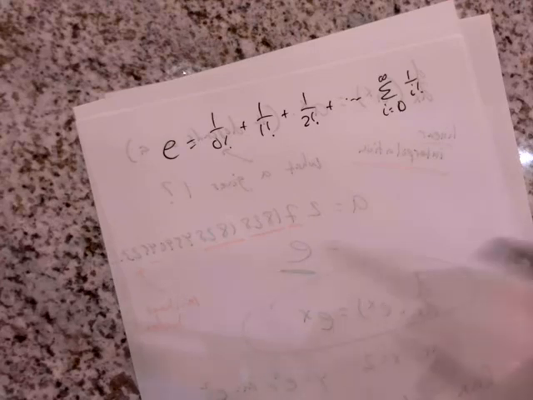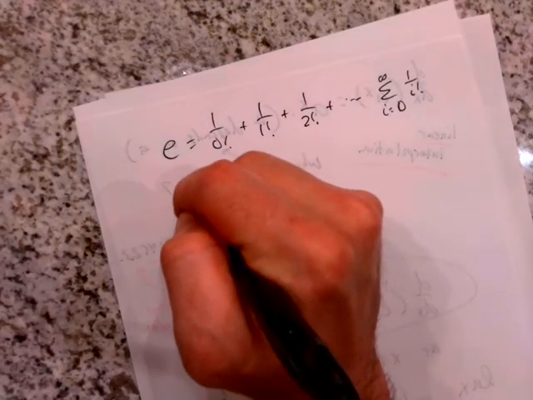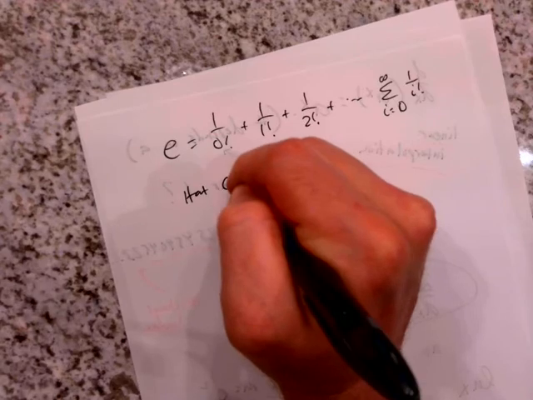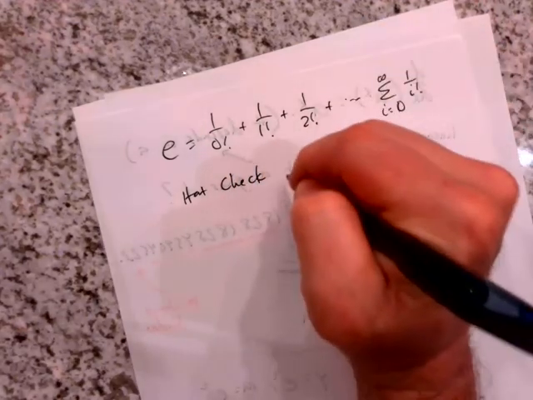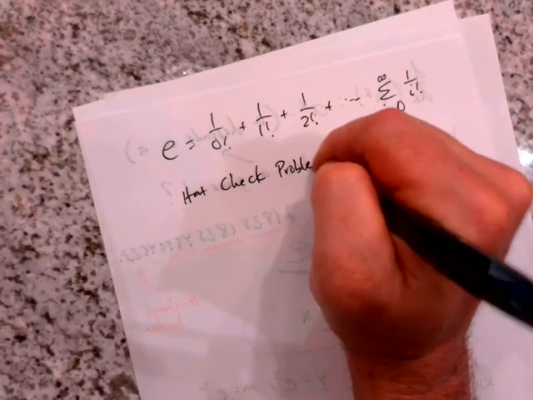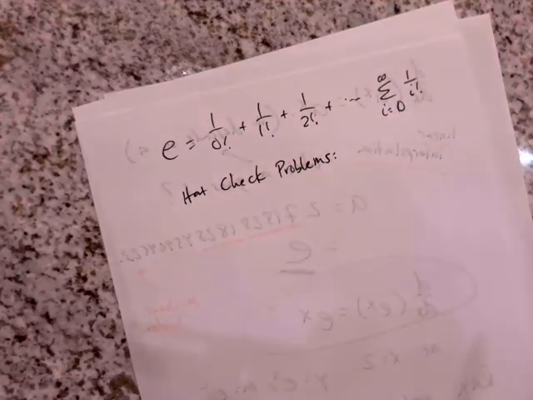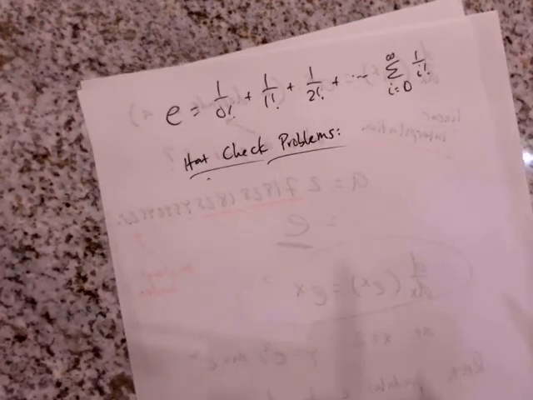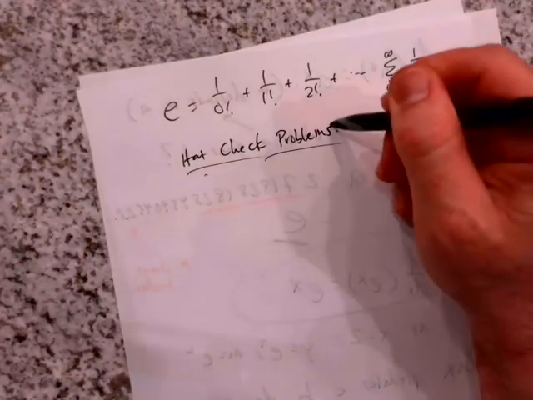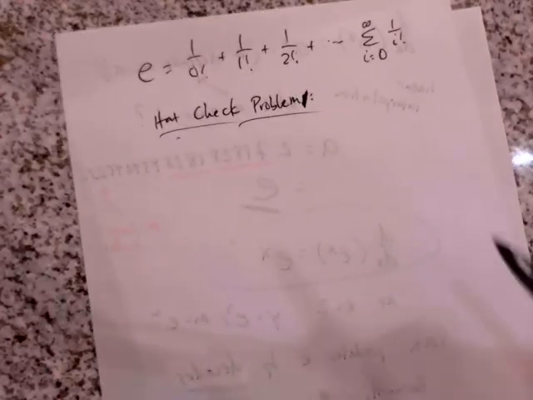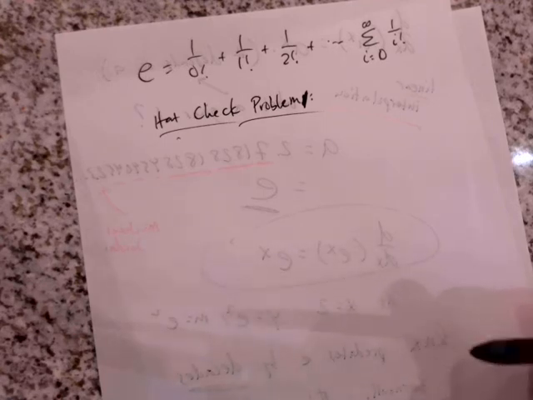Like E appears in probability. There's a famous question in probability called the hat check problem, which harkens back to the days when gentlemen wore hats on a regular basis. We don't do that. So pretty much what this problem is, it's just a problem, is like consider graduation. And there's like 2,000 students who are graduating. And for some reason, the school decides to hand out the diplomas at random.